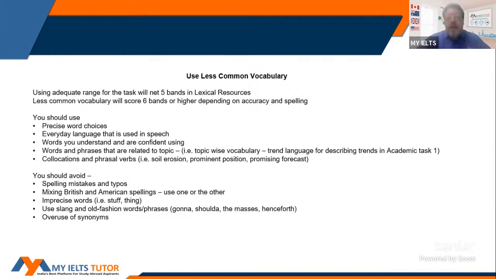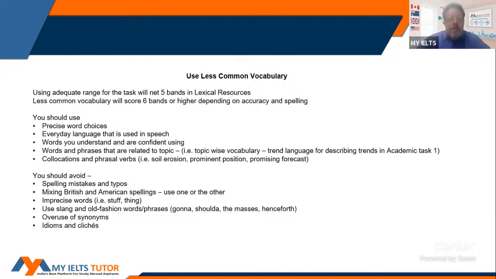I would say at least once you should use the same word in a paragraph, and then use a synonym in the paragraph itself. And then in the next paragraph, use the exact same word for it. So that's what I really recommend you do.